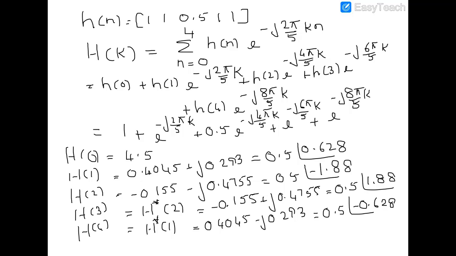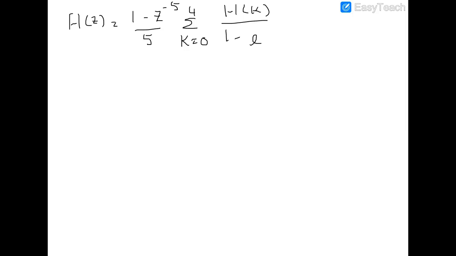Using these H values, we can get H of z. The formula is H of z is equal to 1 minus z to the power minus 5 divided by 5, summation k varying from 0 to 4 of H of k over 1 minus e to the power j 2 pi by 5 k z to the power minus 1.